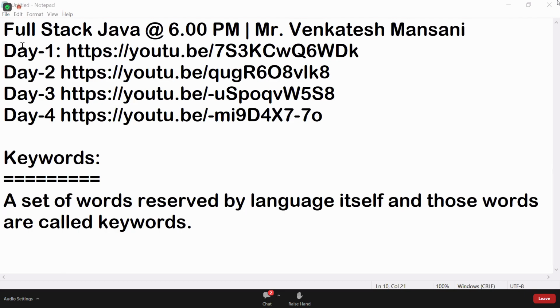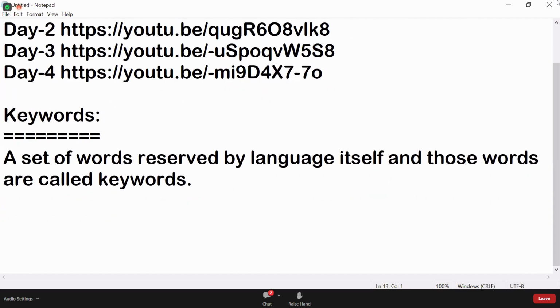Those words are called identifiers. Writing program purpose, some words already given by Java developer, already reserved. Those words are called keywords.